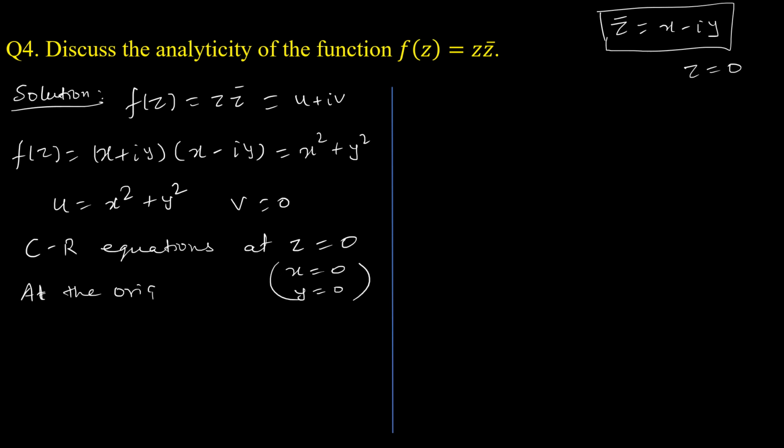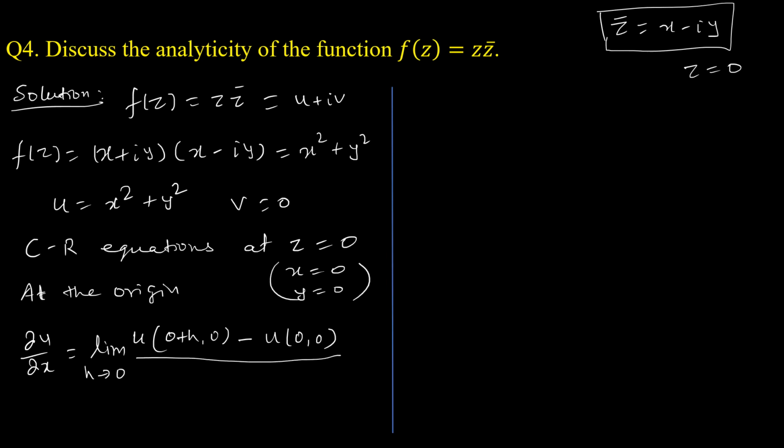del u by del x will be written as limit h tends to 0, u of (0 plus h, 0) minus u(0, 0) divided by h.